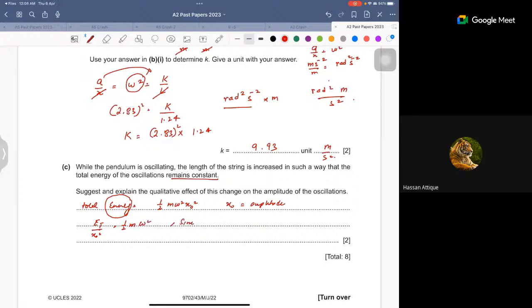Since omega will decrease because we have increased the length, if you decrease this, you have to increase this to keep this constant. So amplitude must increase to keep energy constant. Is it clear, everyone? I will write this. Yes, sir.